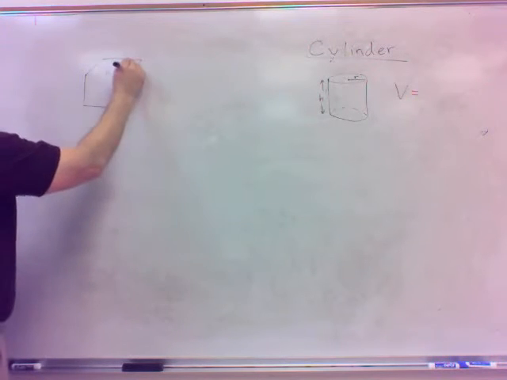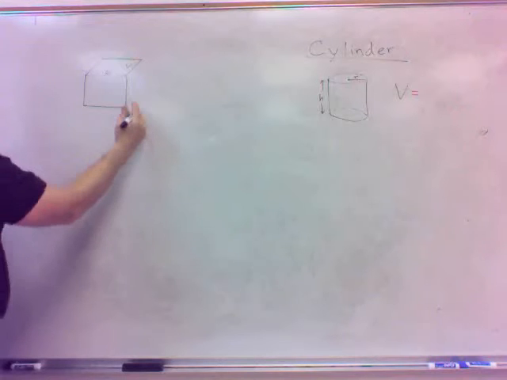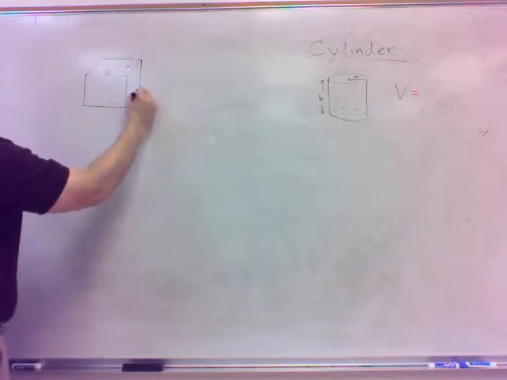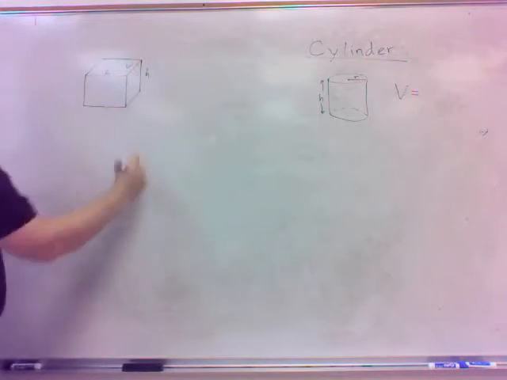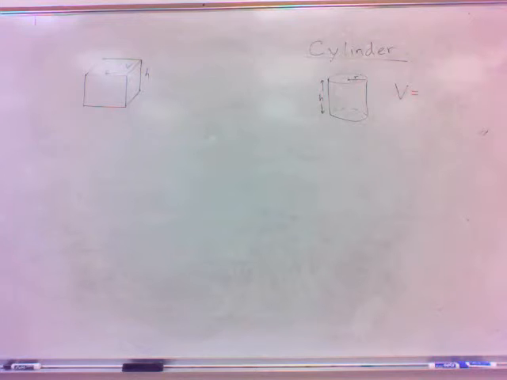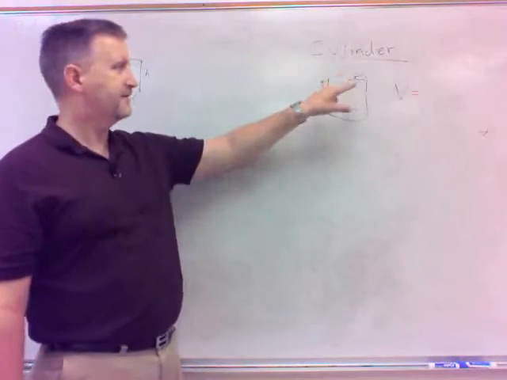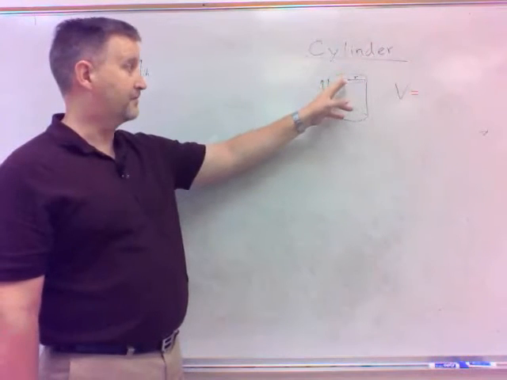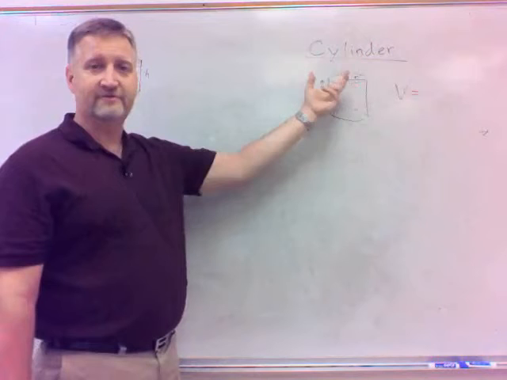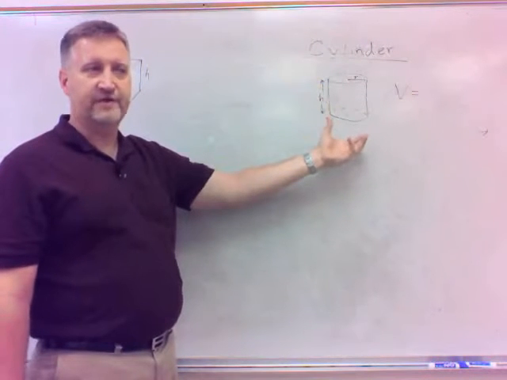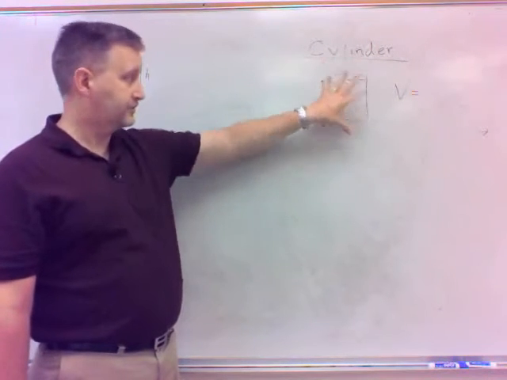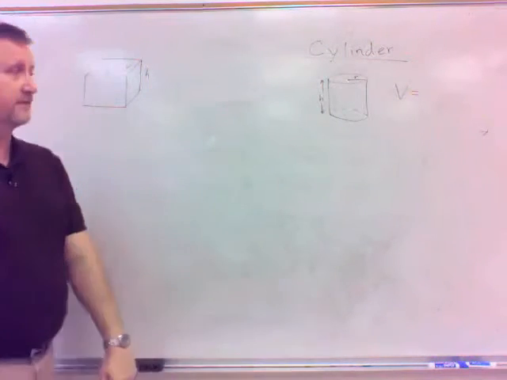It's an L by W rectangle. If I then move it through a height of H, that's a way you can think of constructing a box a little bit differently. The reason I mention that is because the cylinder is similar in that you'd start with a circle and then move it through a height of H. Okay? So circle, move down through H.